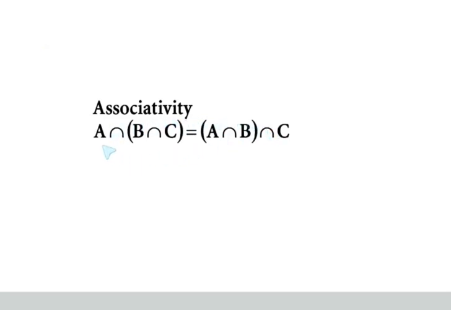Associativity of sets: A intersection (B intersection C) is equal to (A intersection B) intersection C. Intersection applied to B and C first and then A, you will get the same answer as A intersection B followed by intersection C.